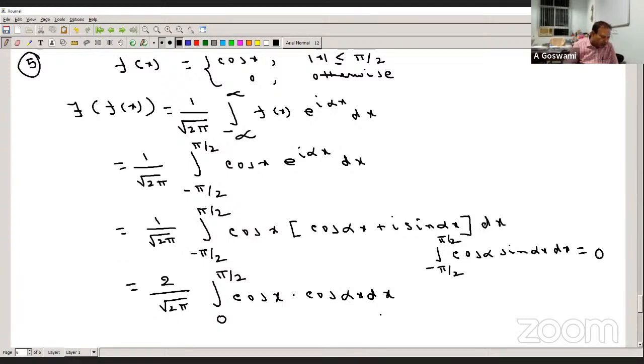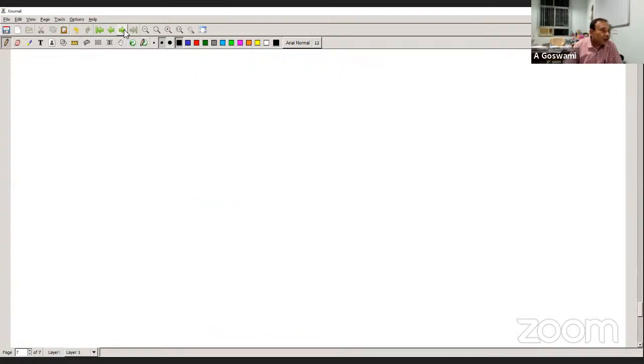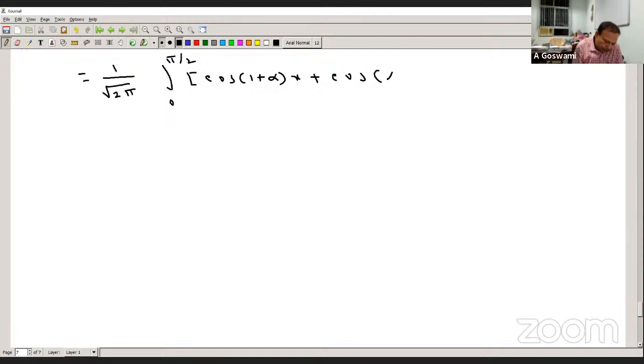So it is again of the cos A cos B form, and since it is in the cos A cos B form, you can write this as 1 by root 2 pi, integral from 0 to pi by 2 of cos of (1 plus alpha) x plus cos of (alpha minus 1) x dx.